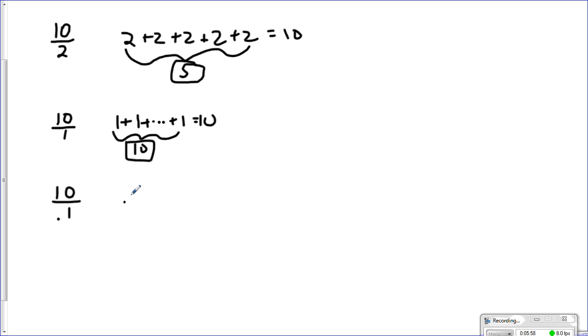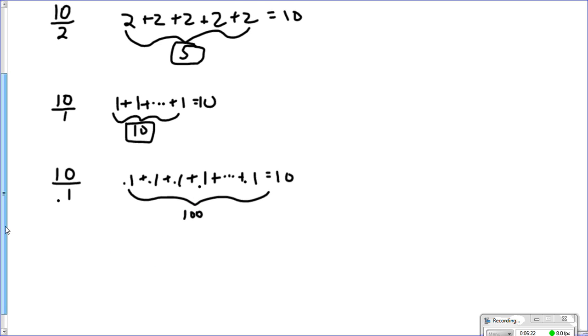You're asking how many 0.1's does it take to add up to 10? We just keep on adding 0.1's until we get to 10. Well, it would take 10 of those 0.1's to add up to 1. So therefore, it would take 100 of them to add to 10.